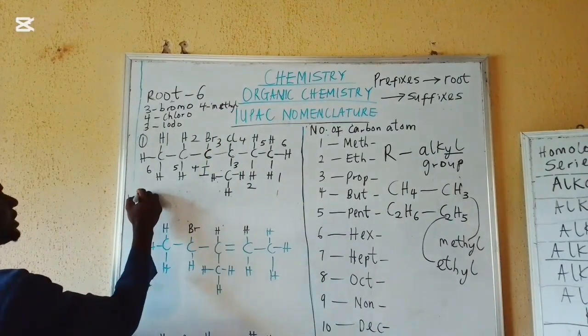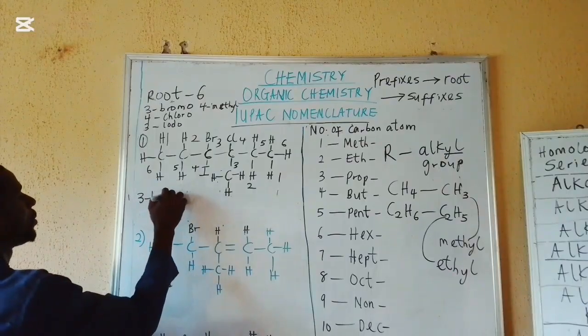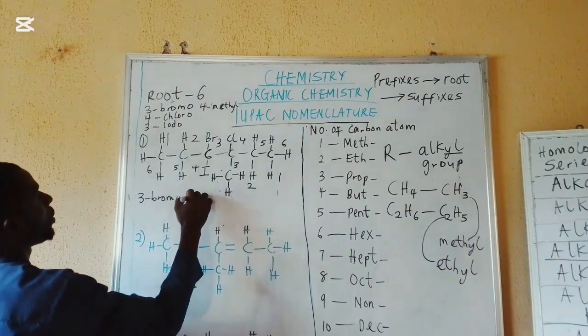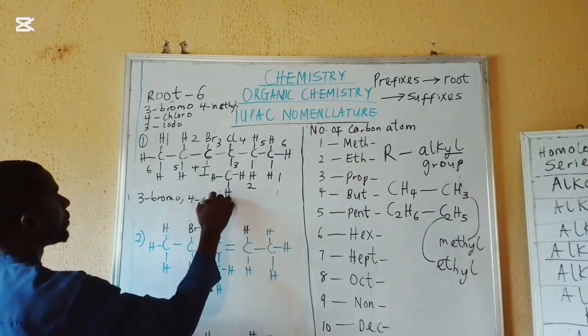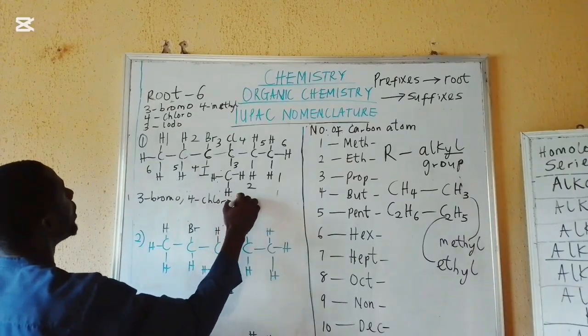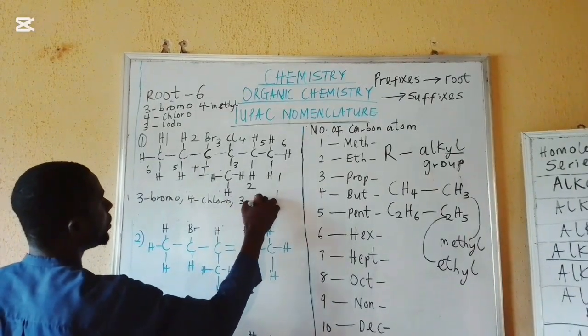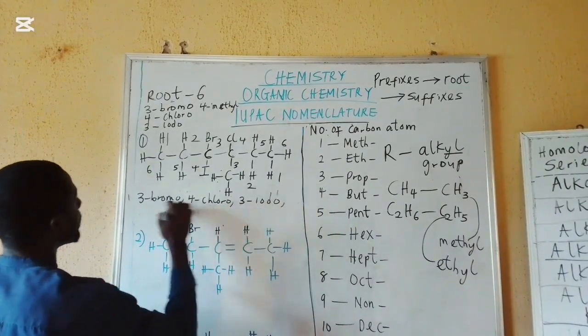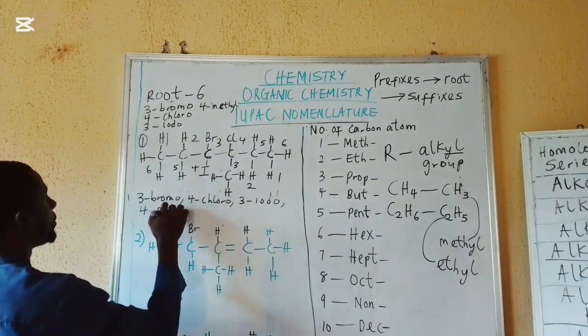So let me write here, we have 3 bromo, 4 chloro, 3 iodo, 4 methyl.